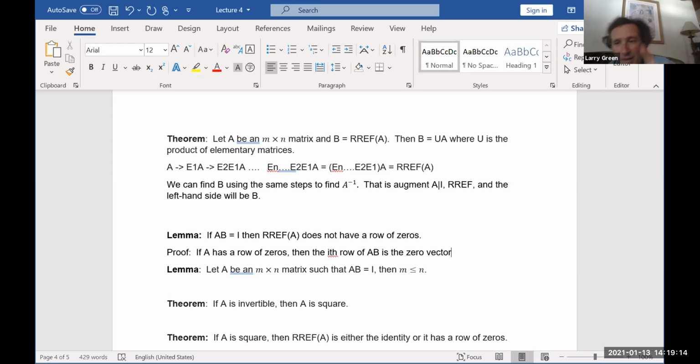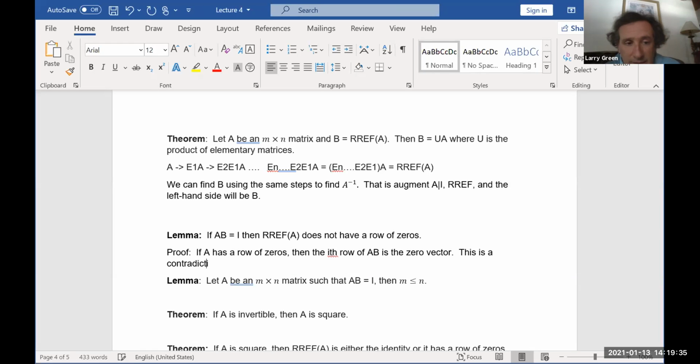Because every column dotted with that row is always zero, so you get a bunch of zeros as you go across. But that can't be true because the identity doesn't have a row of zeros. So that's a contradiction, since I does not have a row of zeros.